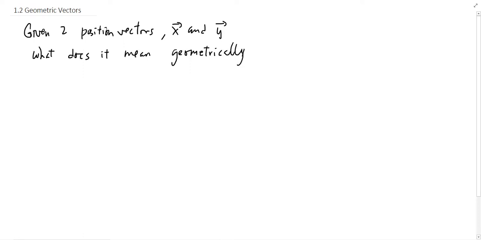We just add the corresponding numbers together. But does it have a geometrical interpretation? What happens when we add or subtract, which basically means adding the opposite, these two vectors? What does it mean?